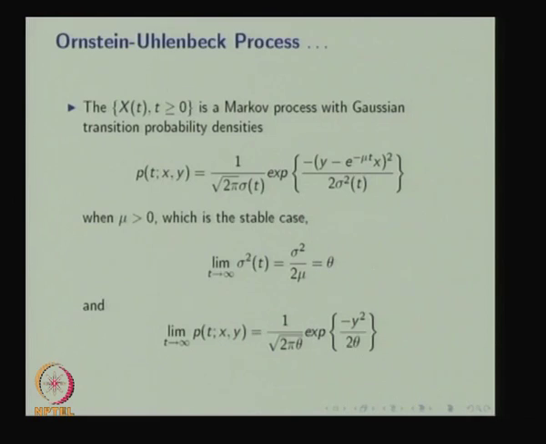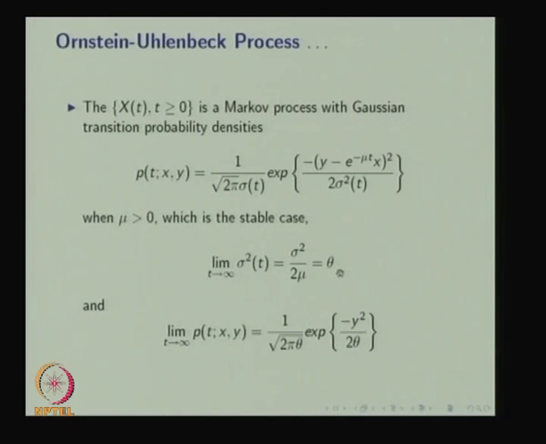Also we can prove that the solution xt is a Markov process with the Gaussian transition probability density in this form. In the stable case, as t tends to infinity, sigma square t is nothing but some theta.